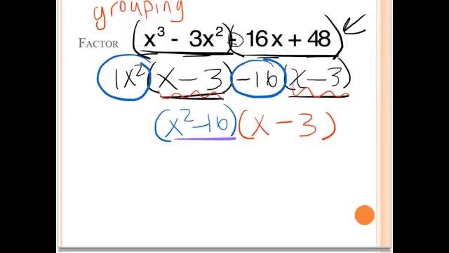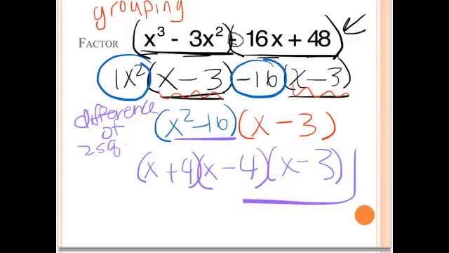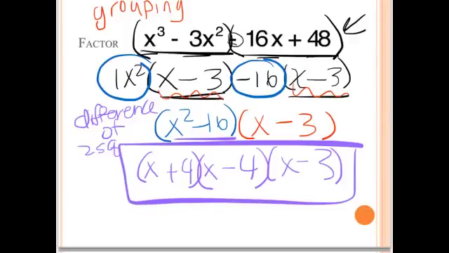X squared minus 16 is what we call the difference of two squares. Now since it's the difference of two squares, I end up with plus or minus, and I take the square root. I take the square root of x squared and put that here. I take the square root of 16 and put that here, and now I've just factored it completely.